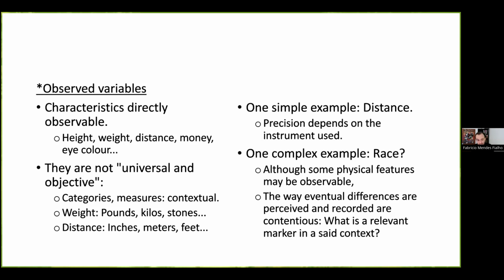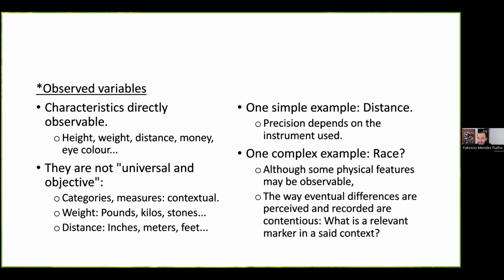The same, for instance, for distance, right? We can use inches, meters, feet, and many other ways to measure distances. And even though most of these measures may be converted into the other, they will not immediately sound familiar and meaningful to individuals from other contexts and with other cultures used to different measures, right?